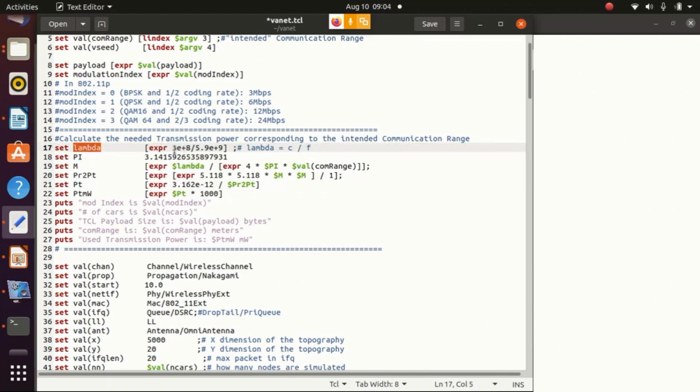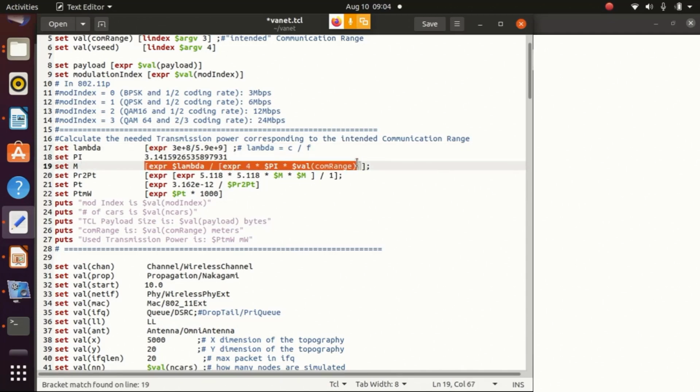Lambda value is there. What is lambda? C by F. What is the frequency of this band? DSRC band, if you have learned some theory already, is the 5.9 gigahertz band. So it is written here 5.9 into 10 to the power 9, and the speed of light 3 into 10 to the power 8. Pi value is provided here.